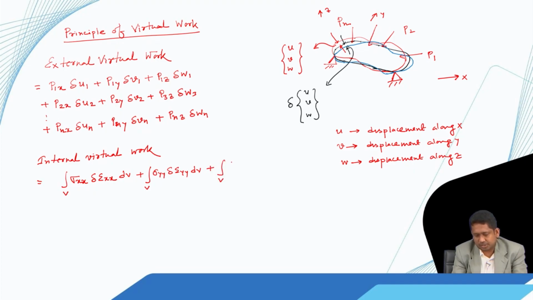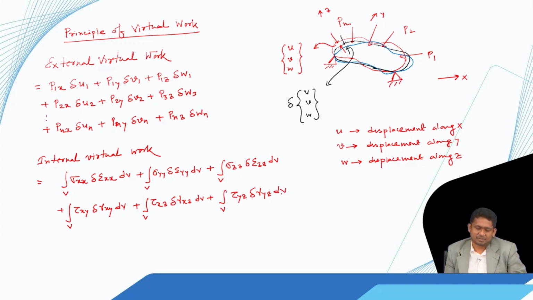We write the virtual work for each stress strain component and then add them up. That is the total internal virtual work.